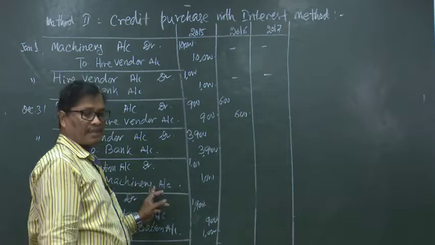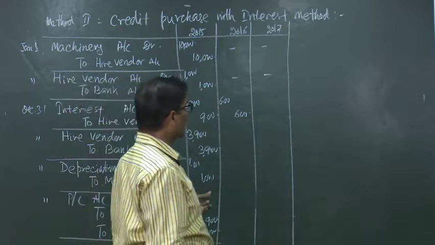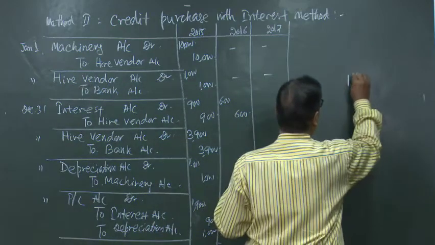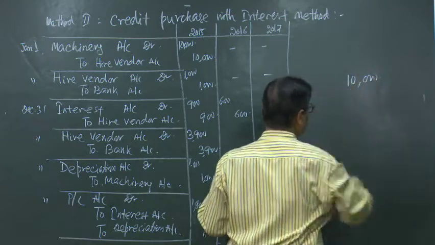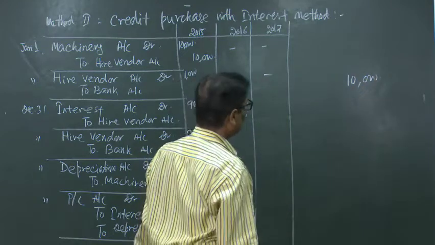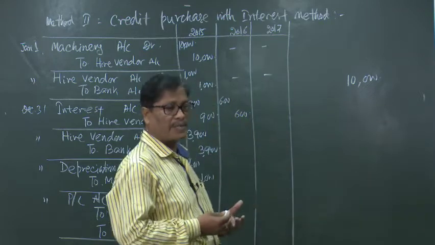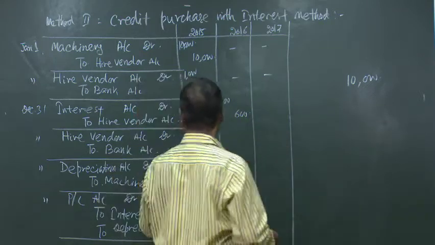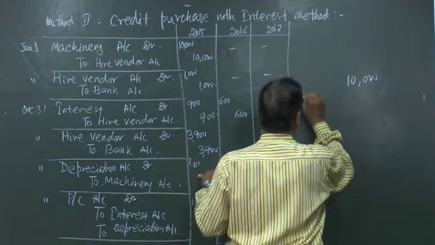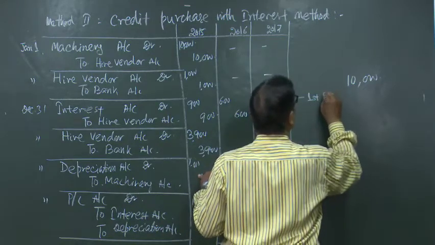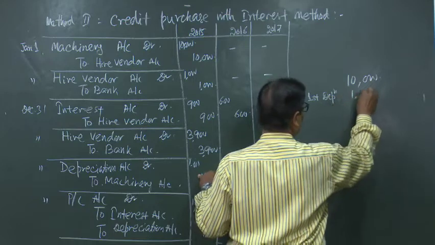Regarding the depreciation, how will the depreciation be calculated? Depreciation will be calculated on the cost. 10,000 was the original cost at the beginning of the year, and for the full year when we have used it in the first year, it was 10,000 minus first year's depreciation 1,000.